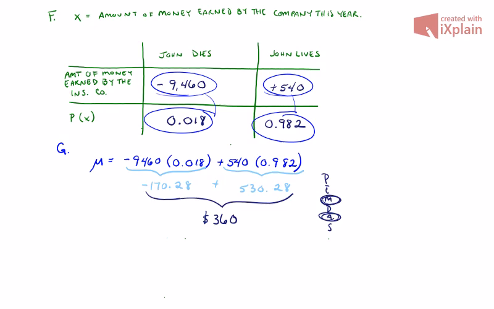We also see that the probability of John dying is so little. So even though there is that risk of having to pay out $9,460, really, because it's so little, that's why our value shrinks so significantly. So our expected gain as the insurance company is $360.